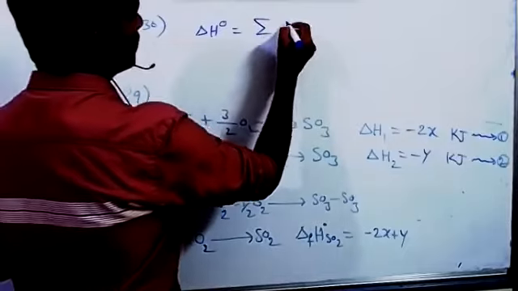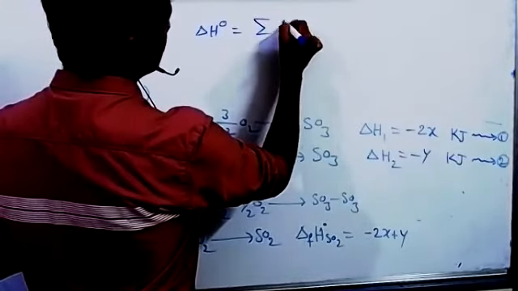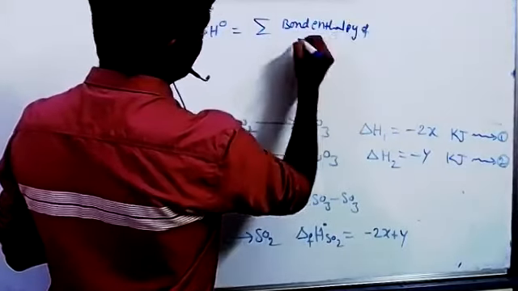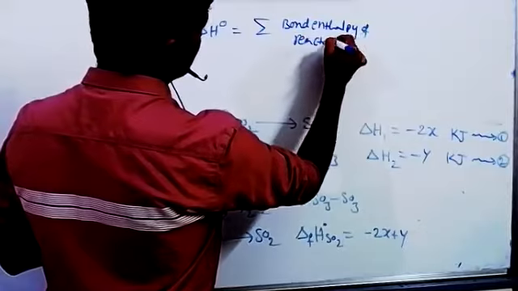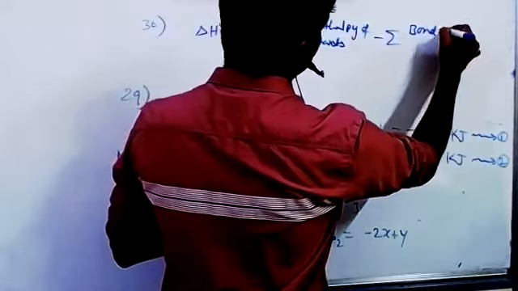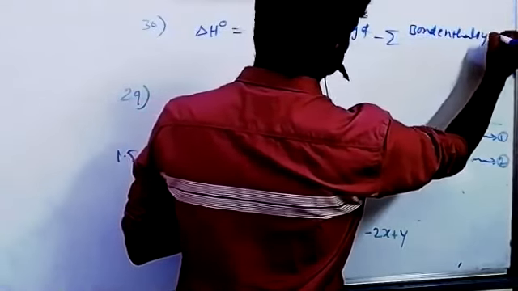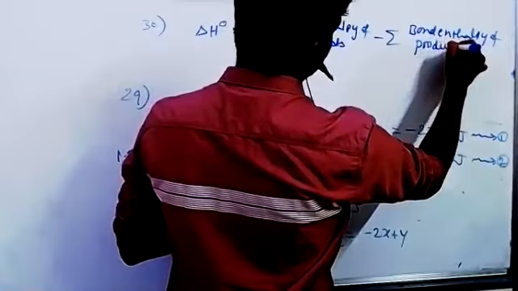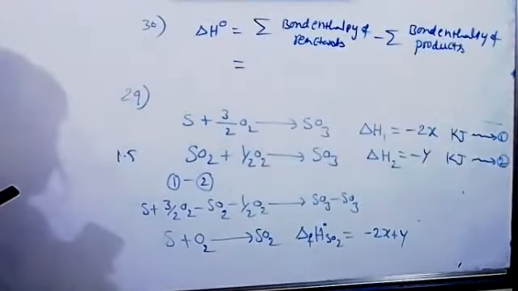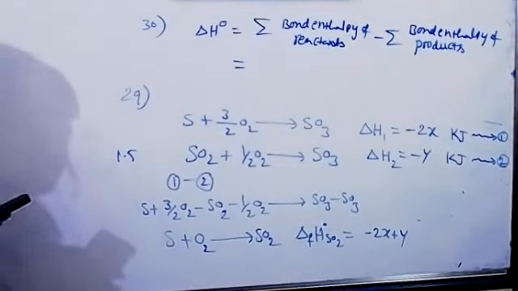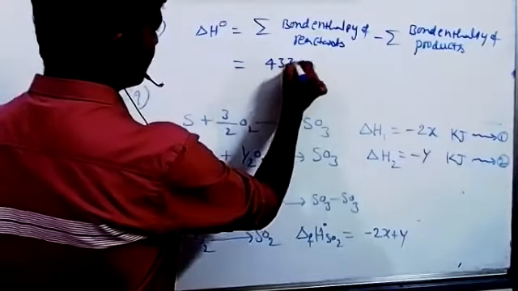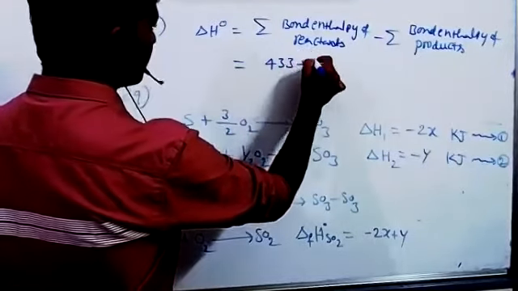Summation of bond enthalpy of reactants minus summation of bond enthalpy of products. So bond enthalpy of reactants in the given reaction, H2 plus Br2 gives rise to HBr. Hydrogen and bromine are reactants. This is hydrogen and bromine, 433 plus 192.